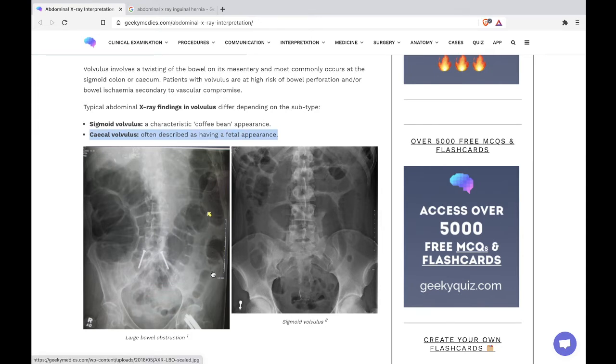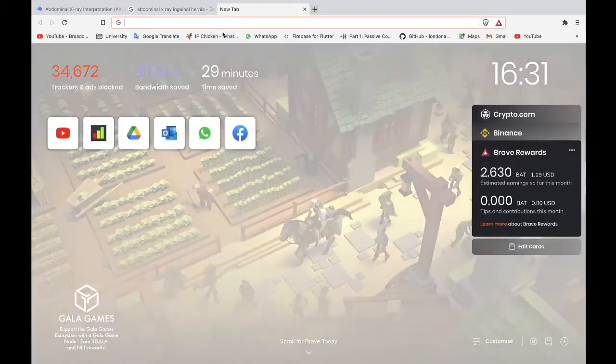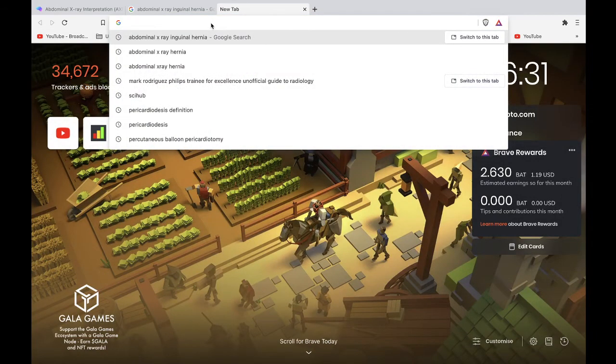I think Google has better images. I don't see any fetuses here. Okay, let's see if I've seen these pictures before.